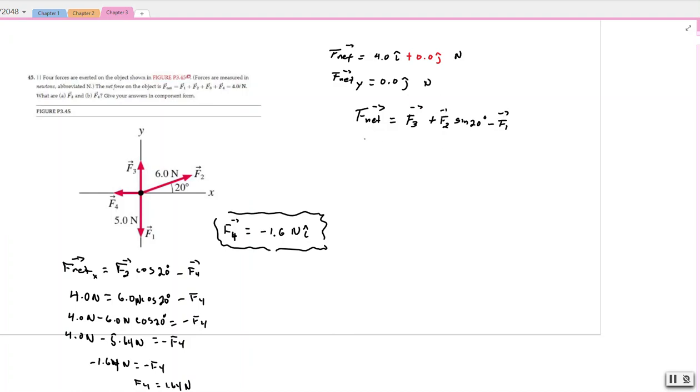What is the net force in y in this case? It's going to be 0. So 0 newtons equals F3, which is unknown, it is what we have to find, plus F2 sine of 20, which is 6.0 newtons sine of 20 degrees, minus F1. F1 is just 5 newtons.